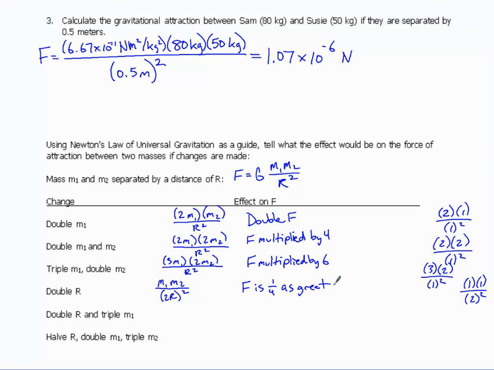Well, let's say you double the radius and you triple mass 1. Here's what we have. We have 3 times 1 over 2 squared. The force is 3/4 as great.